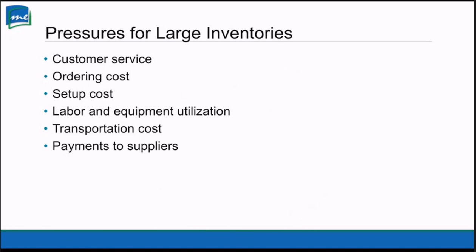A stock out is an order that cannot be satisfied, and a back order is a customer order that cannot be filled when promised or demanded, but is filled later. For both of these situations, if you keep a large amount of inventories, you can reduce the risks.